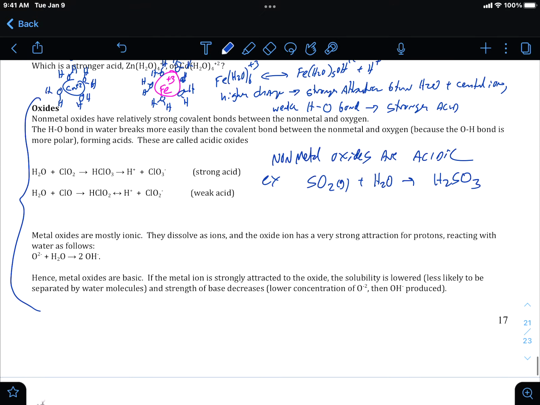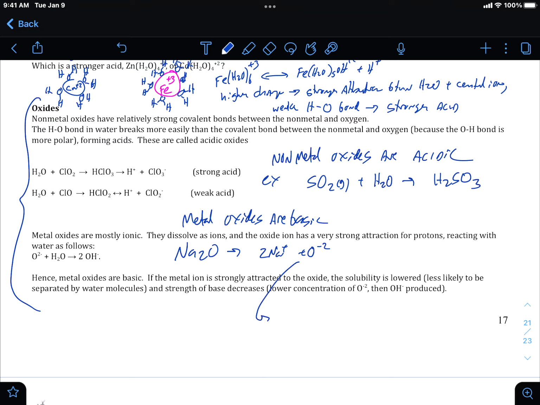So we form acids from non-metal oxides that are released into the air. Okay? That's just one example. Metal oxides are basic, and we actually did discuss this back in Unit 3. For example, Na2O dissolves in water. But first, what's going to happen is we form the oxide ion.